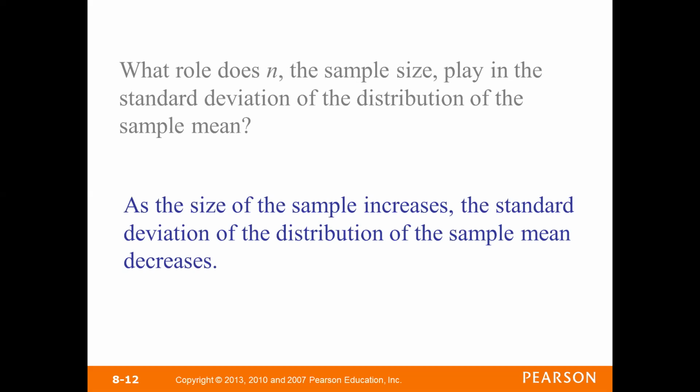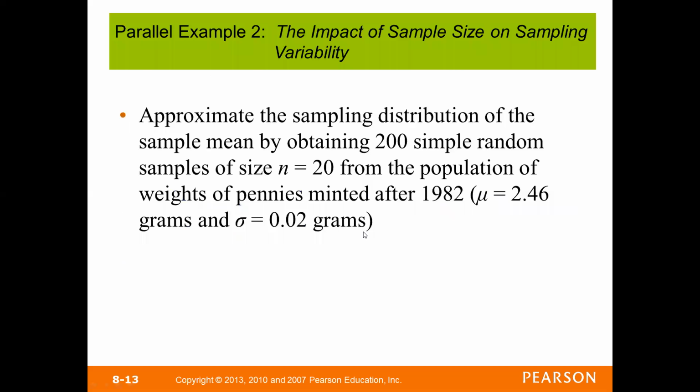So the larger the sample size, the more information is used to calculate the sample mean in each sample, the better that approximation is going to be of the population mean. So the less variability I'll get between samples when I repeat the sampling process. For example, let's take our same coin example, but now increase the sample size to 20.